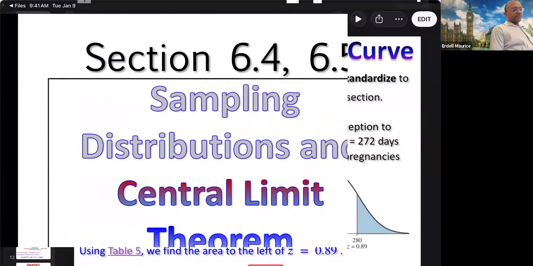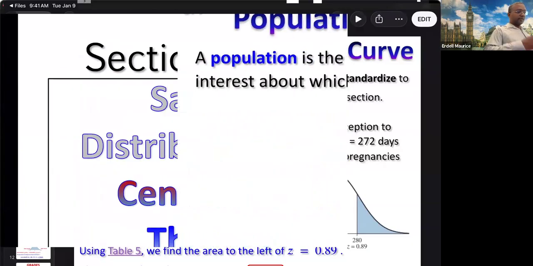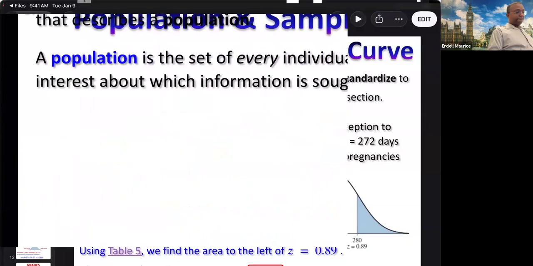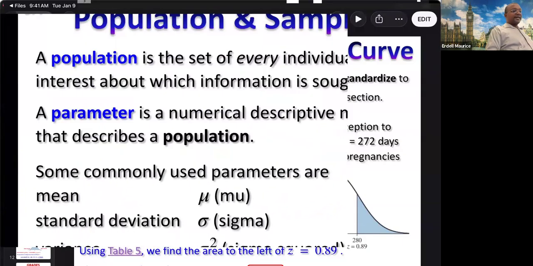All right, sampling distributions and the CLT, the Central Limit Theorem. Do you guys remember our very early discussions about populations and samples, parameters and statistics? When a number comes from a population, it is called a parameter.